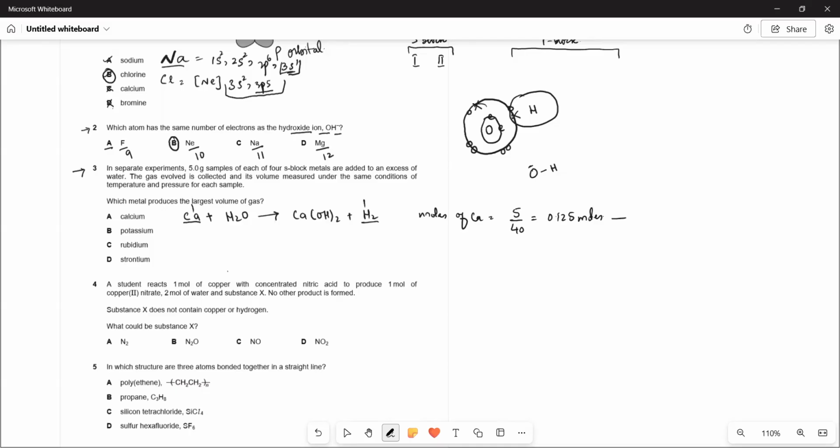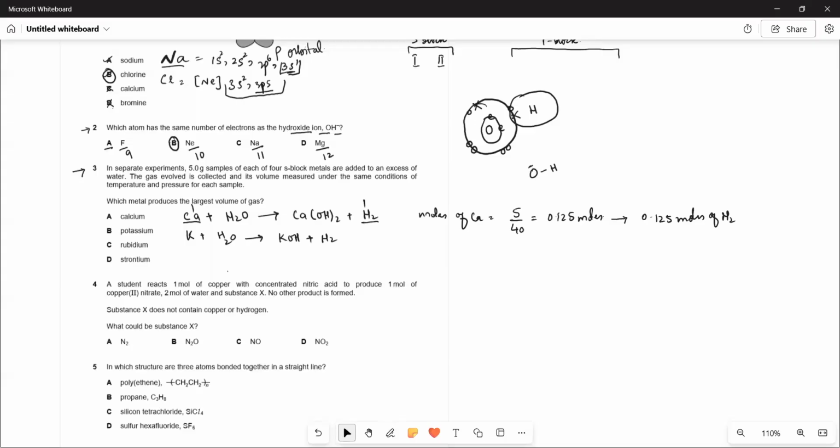So it will produce 0.125 moles of H2, hydrogen gas. Similarly, I can look at potassium. When it reacts with water, it gives us potassium hydroxide and H2 gas.